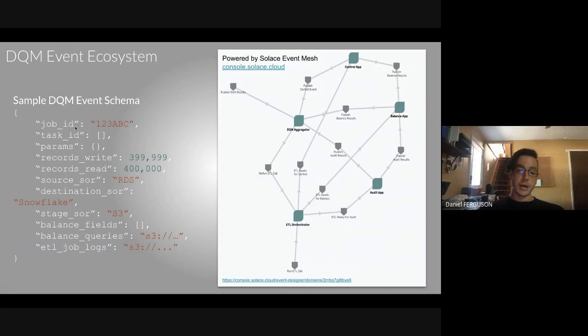For example, job ID, which could be auto-generated, task ID, an array of tasks that are running inside that particular job, parameters that were sent over, like a mapping, records written versus records read. Notice there's a difference here, so this should raise up a balance job, or the balance job should raise this and trigger another ETL job through the control process. The moniker for the source system and the destination system. You can store your staging system here as well if you want.